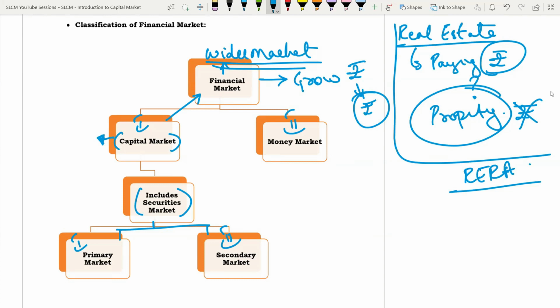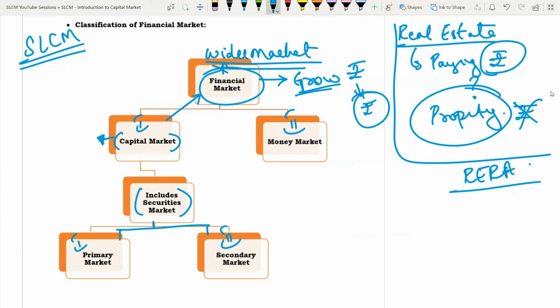Here, when we are talking exclusively about securities laws and the capital market, the financial market, we already know it is where we are facilitating funds between the lenders and borrowers. People who have money will give the money to people who are in need of money. And here the main intention is growing your funds, expecting returns in the form of money itself.